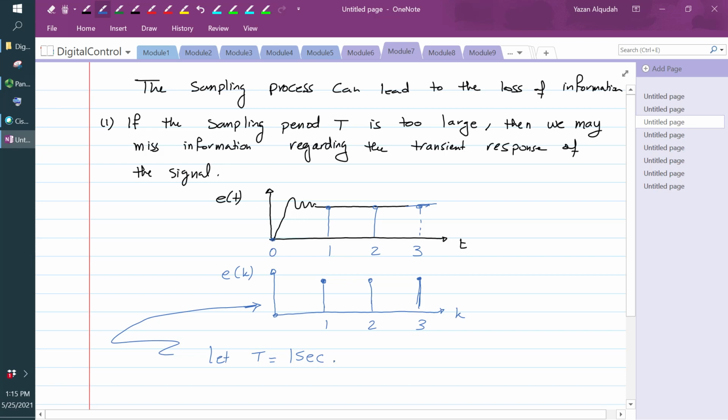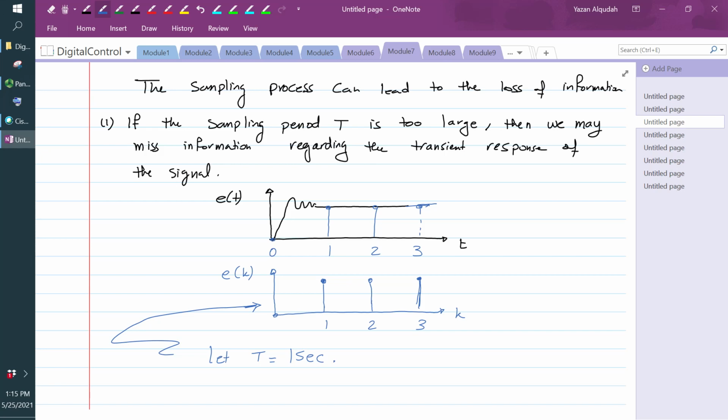Since we chose T to be large, we are missing all the information about the transient response and all the ripples that are happening in it. So this is one source of loss of information.